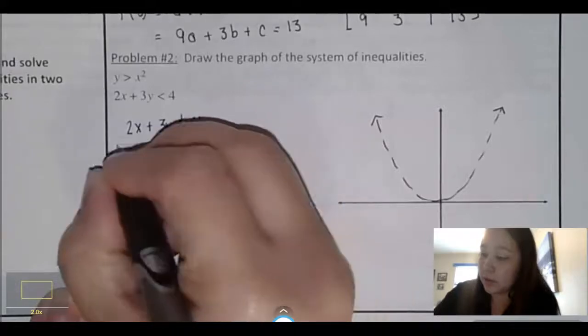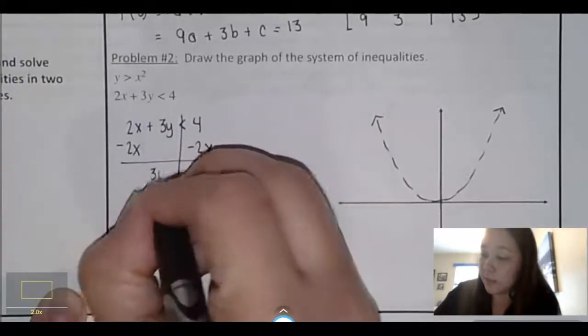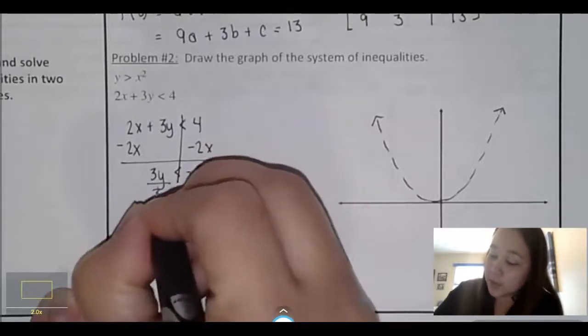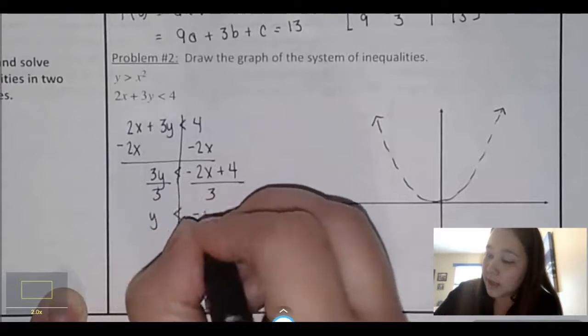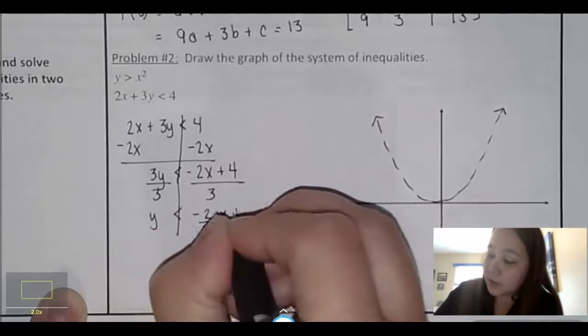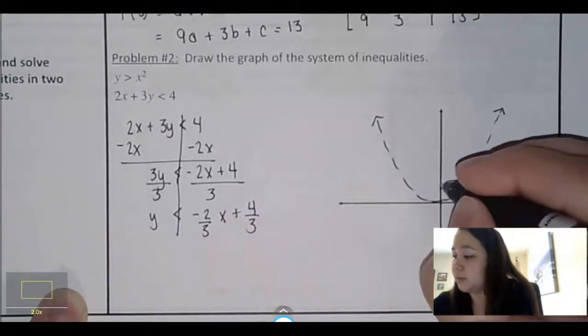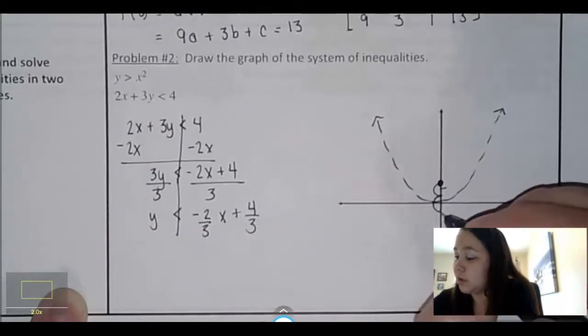I'm going to solve for y, get it in slope-intercept form. Divide both sides by 3. Y is less than negative 2/3 x plus 4 over 3. So my b is 4/3, so it's a little bit over 1, I'm going to go down 2 over 3.